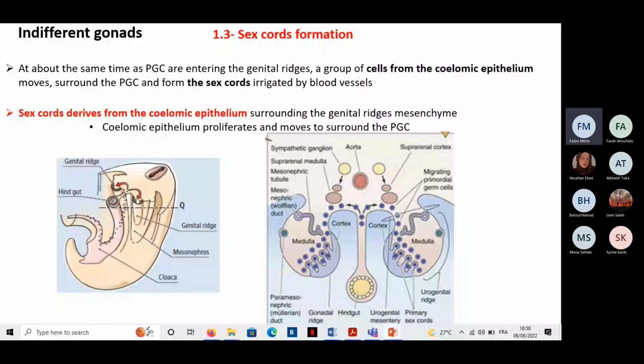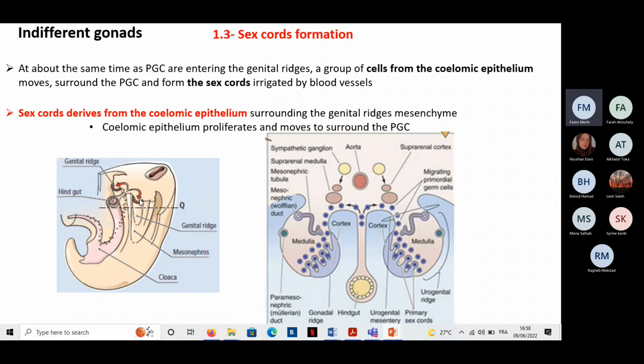The coelomic epithelium proliferates to give ingrowths inside of the genital ridges, and we call those ingrowths or proliferated parts of the epithelium the sex cords. They are like cords inside of the genital ridges.